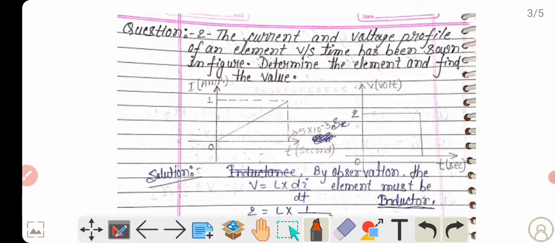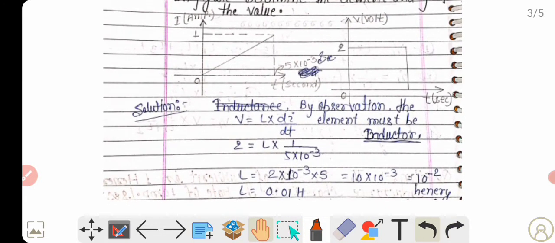And as we know, an inductor is an element which restricts the sudden change in current. So by observation we can say that the element is an inductor.